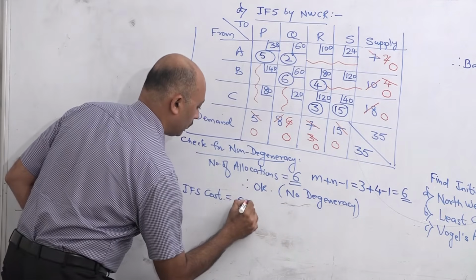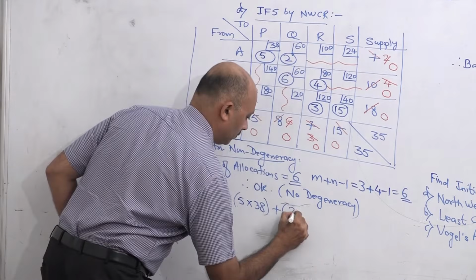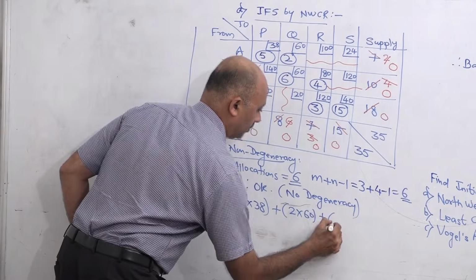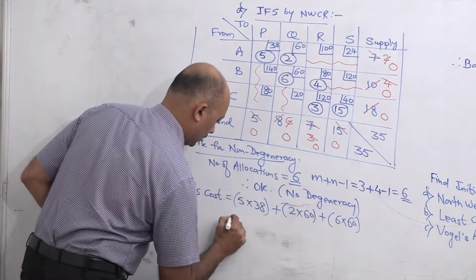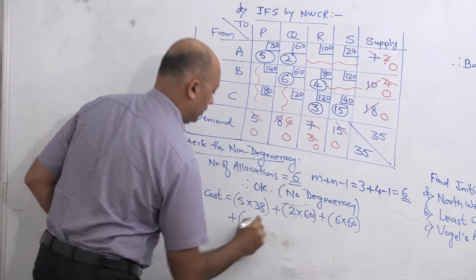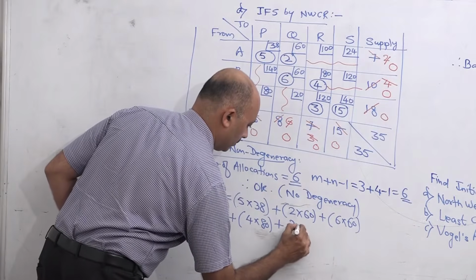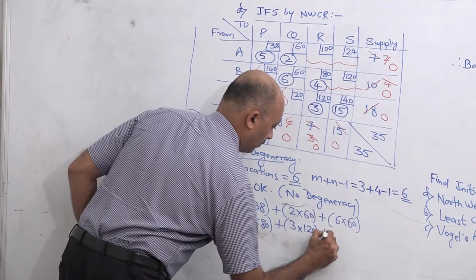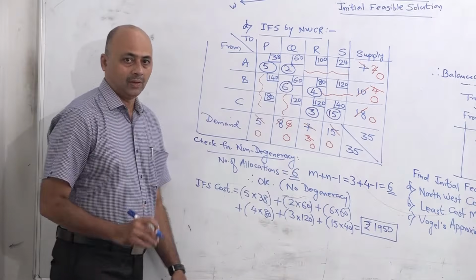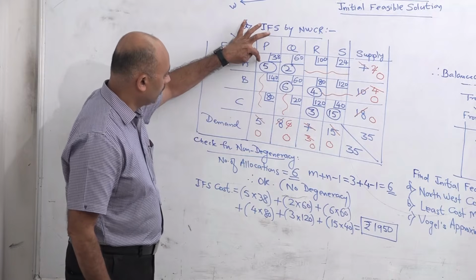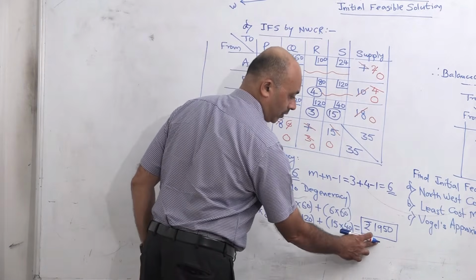So we multiply it, that is 5 into 38 plus 2 into 60 plus 6 into 60 plus 4 into 80 plus 3 into 120 plus 15 into 40. Okay, so this is how we calculate cost. We multiply quantity with unit cost, and when you add all this, you will get total cost as rupees 1950.